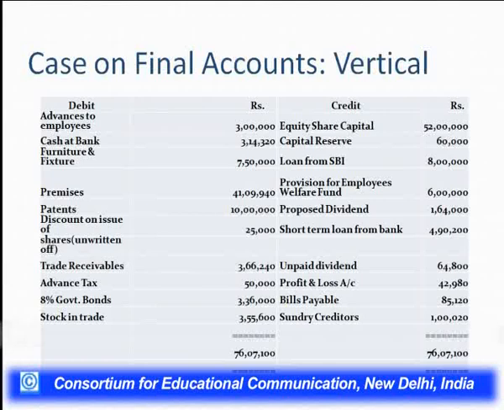We have premises, patents of 10 lakhs, discount on issue of shares unwritten 25,000. So, we have not written off something. So, this is there as a debit item, which means this is asset.